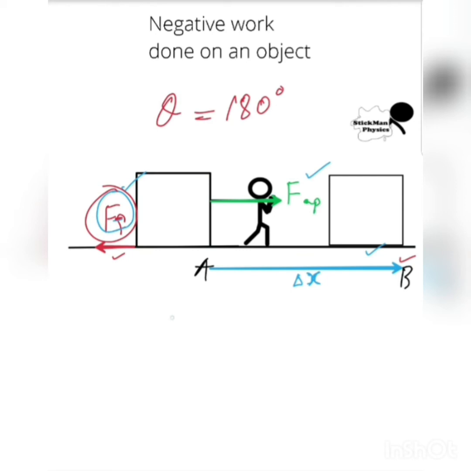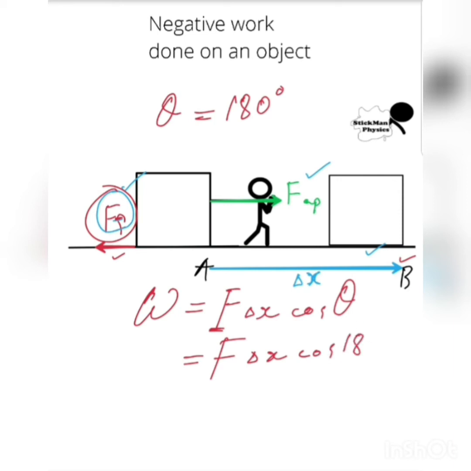And remember, the 180 degrees gives us what we call a negative value. Hence, when we substitute on this formula, W equals F delta X cos theta, specifically in this case the F being the frictional force, we are going to get a value which is negative, because we understand that cos 180 degrees equals negative 1.